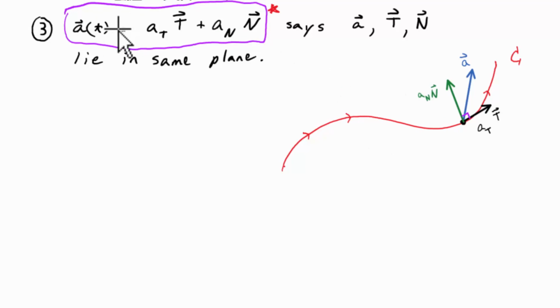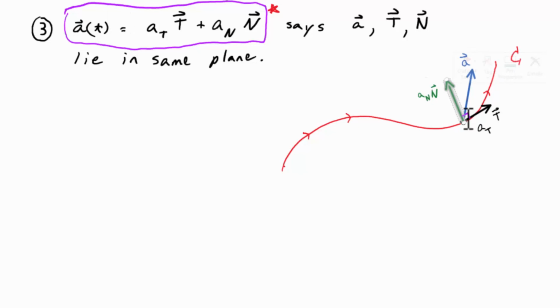So according to this formula then, we derive this formula, we know that if we add a sub n times N and a sub t times T, we get the vector in blue, we get A. That's what this formula tells us. So let's do it visually.